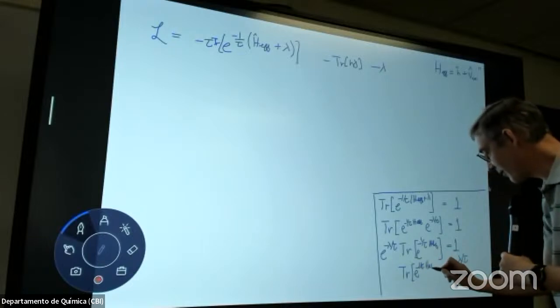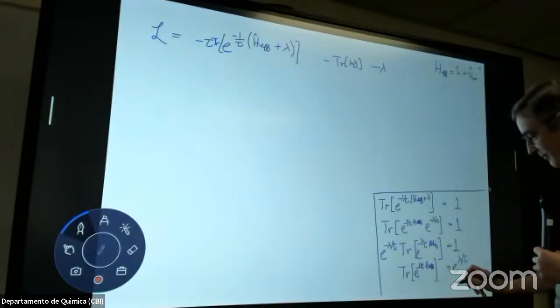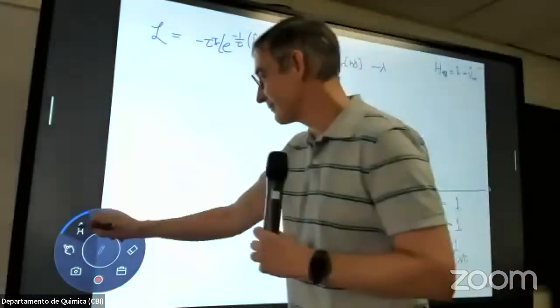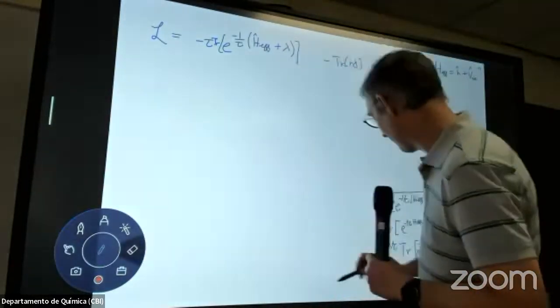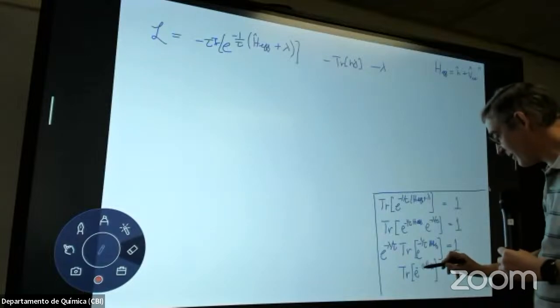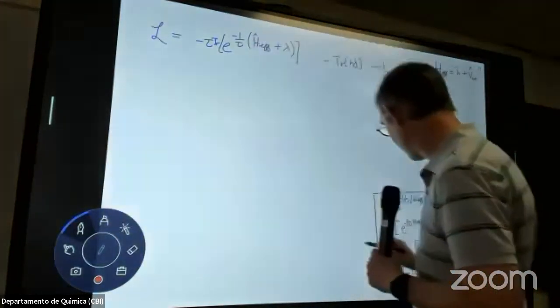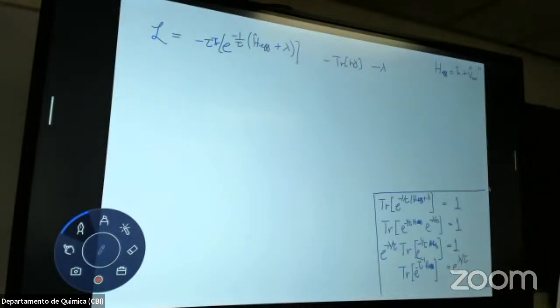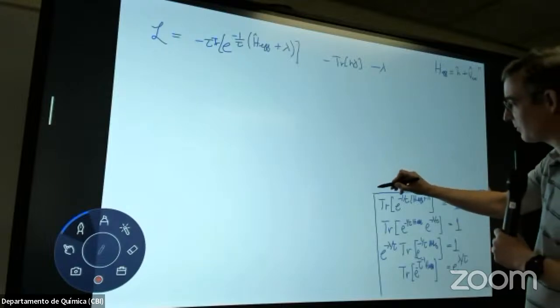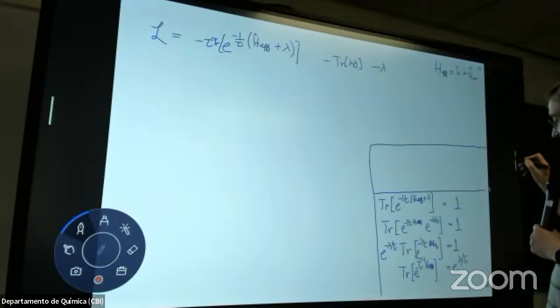I'm sorry, my writing is very bad as I get further down the board. Let me just do something. Oops. That makes my writing a little bit better. This is minus tau to the minus 1, rather than trying to write 1 over tau, right? My penmanship will look better this way. And unfortunately, I didn't leave myself enough space, so I'm going to have to go up here.